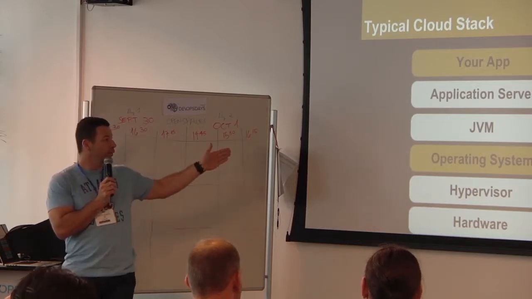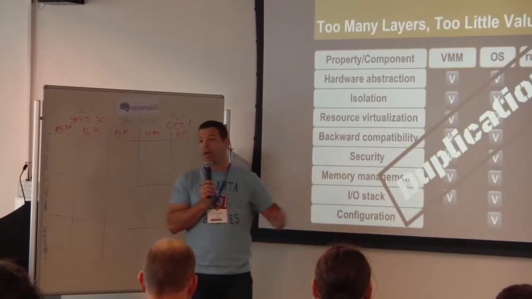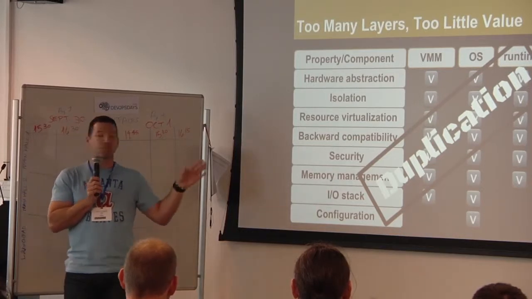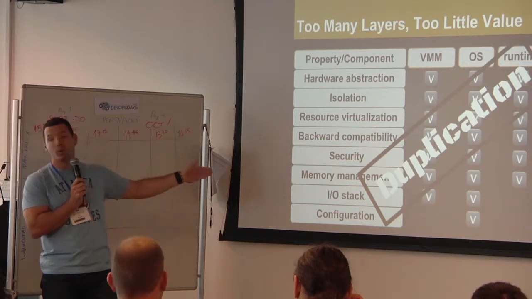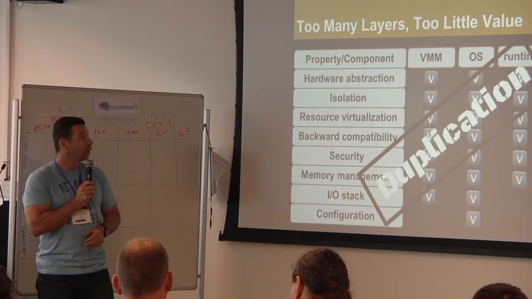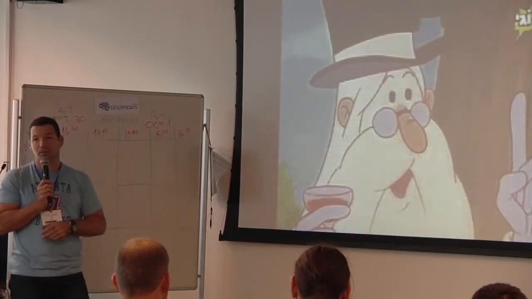We have three main layers: the hypervisor, the operating system, and the JVM, with a lot of duplication between them. If you look at each of these roles, like hardware abstraction, isolation, memory management, it's all duplicated across the board. And it shouldn't necessarily be this way, especially now when we have the cloud.